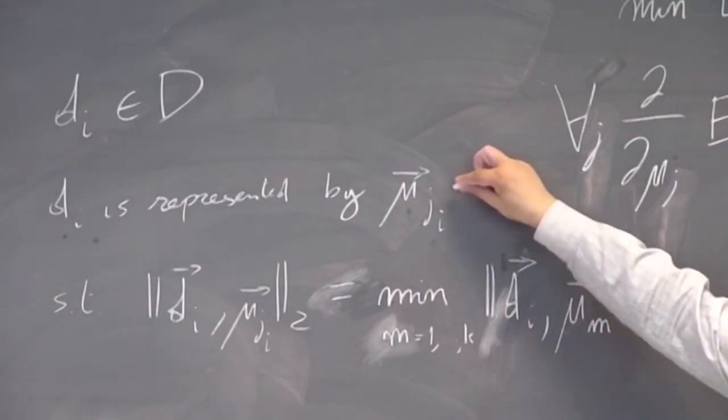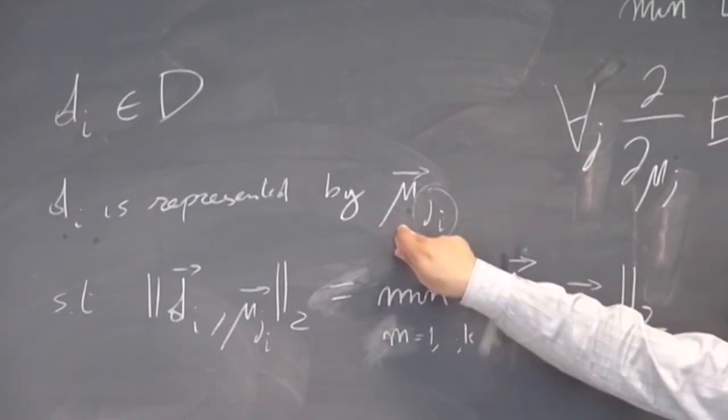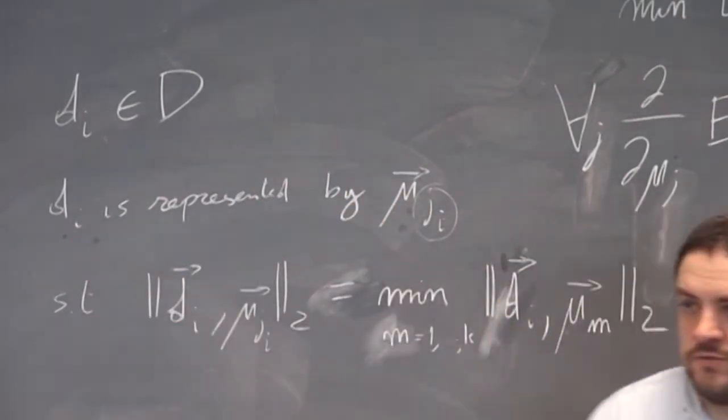So let's say that j_i is the index of the mu vector closest to d_i.